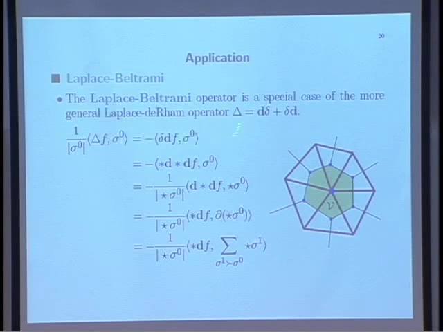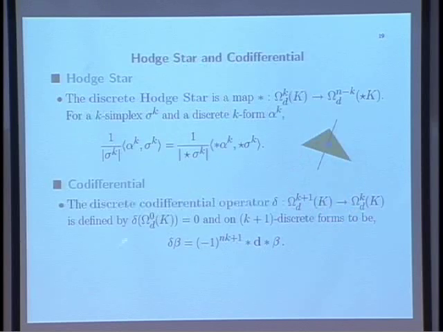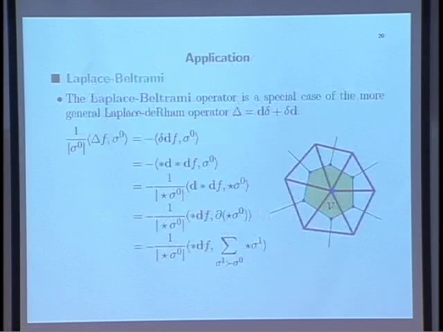Because you're only working on scalars, one of the terms disappears. Then you expand everything in sight: you see this codifferential here, and you use this definition to write it in terms of the Hodge star and the exterior derivative. It's just substitution.